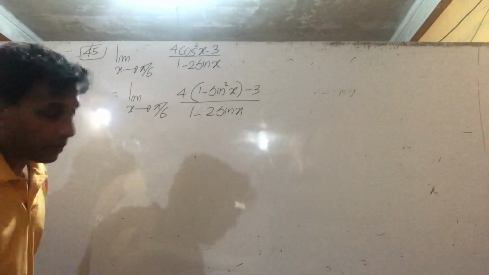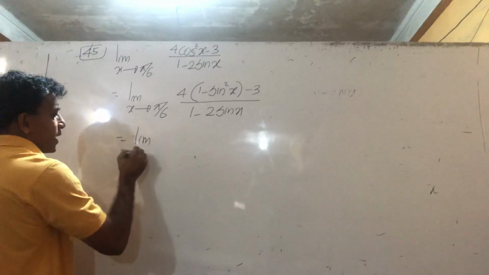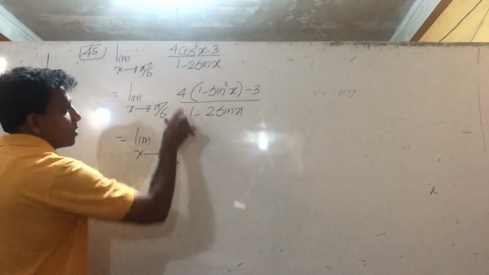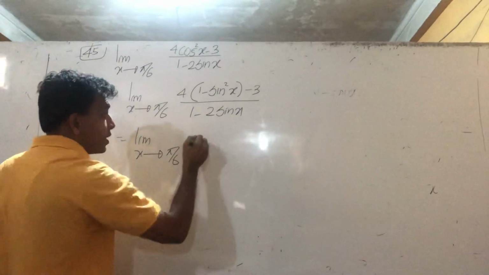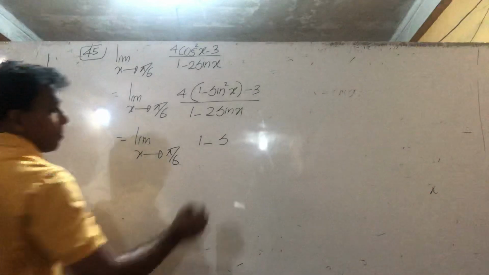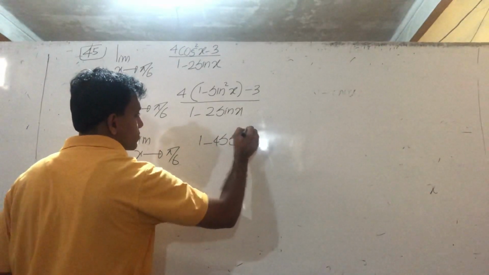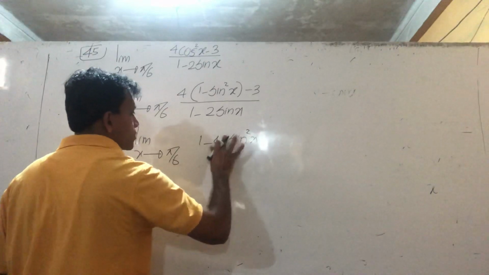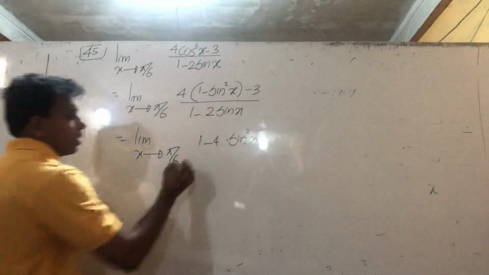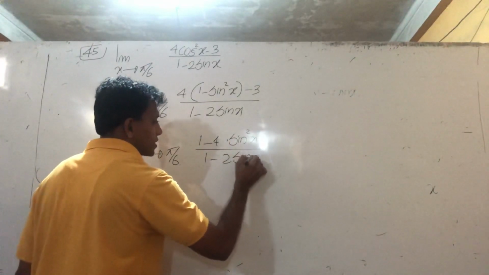So if I multiply the 4 and simplify, limit as x approaches pi by 6, 4 minus 3, 1 minus 4 sine square x, below 1 minus 2 sine x.